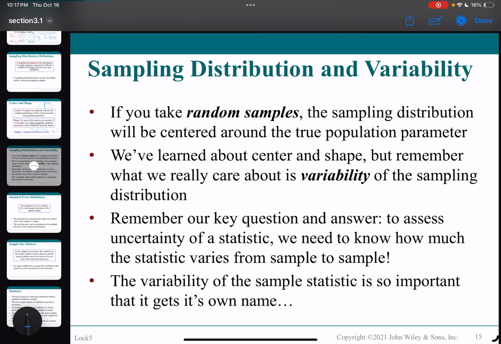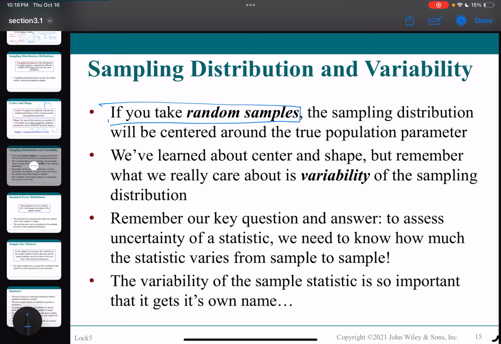Using this sample distribution, we can talk about the variability. If you take a random sample, I mean always, all the time. This is what we do all the time. When I tell you to take a sample or consider a sample, normally that means you are considering a random sample.